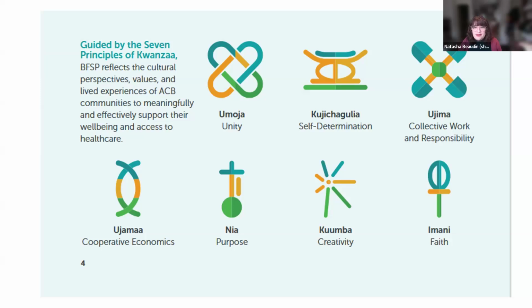In particular, Nia, which means purpose, Kujichagulia, which means self-determination, and Ujima, which means collective work and responsibility. So at every process, every decision, we would come back to these values, ensure we were thinking collectively, ensure that every aspect related to self-determination. So if we ever needed to order catering, eat at a restaurant, we were always supporting Black-owned businesses, and we always kept coming back to our purpose.